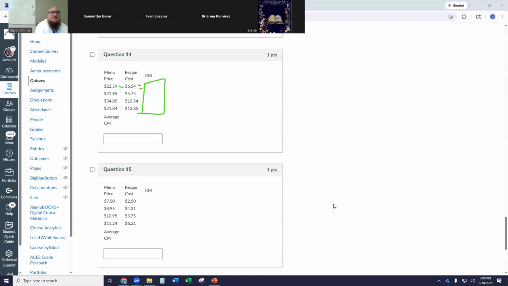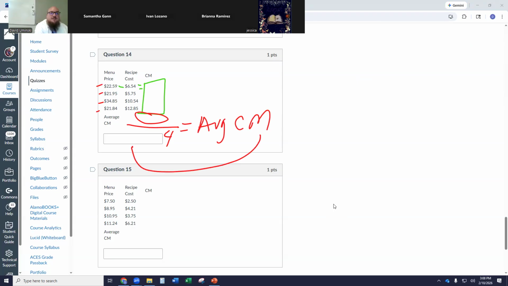Then you take this answer and we divide by 4, and that gives you your average contribution margin. That's what you're going to put in right here. So you first have to find the contribution margins for each item, add them all up, and then divide by 4 to get the average contribution margin.